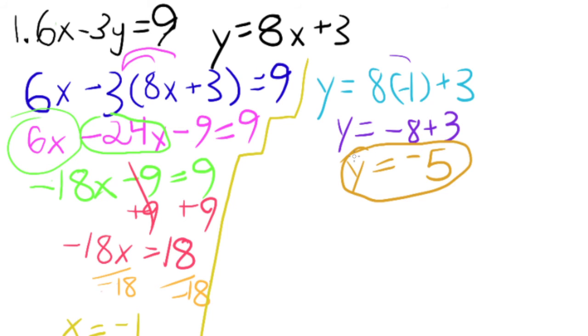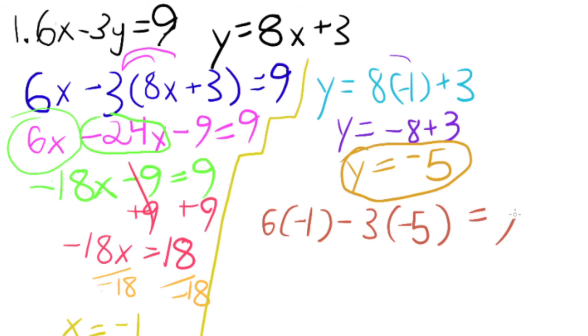And just to check that, I'm going to plug both values into this equation as well and see if it'll work. So here I have the equation 6 times negative 1 minus 3 times negative 5 equals 9. And when solving, we get negative 6 plus 15, which does in fact equal 9.